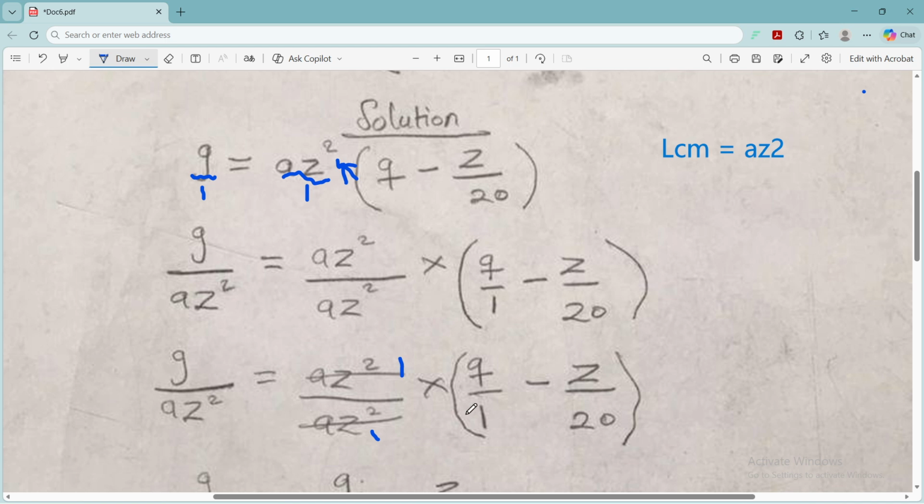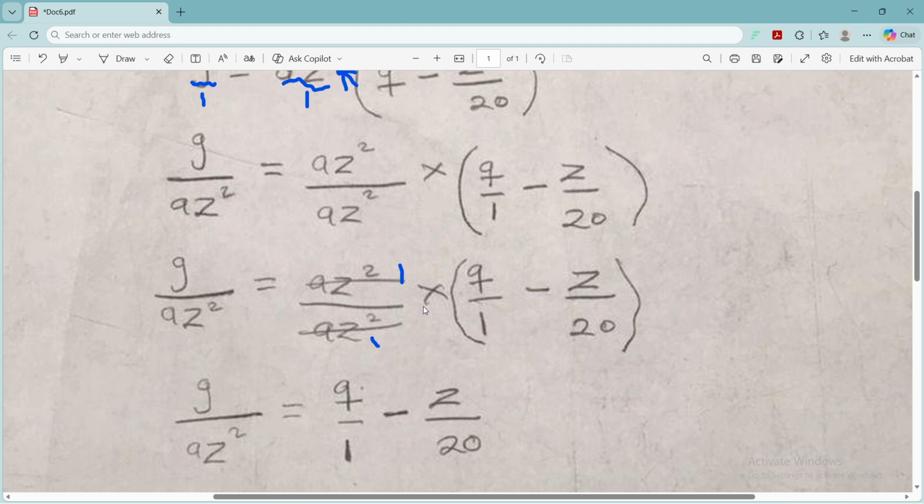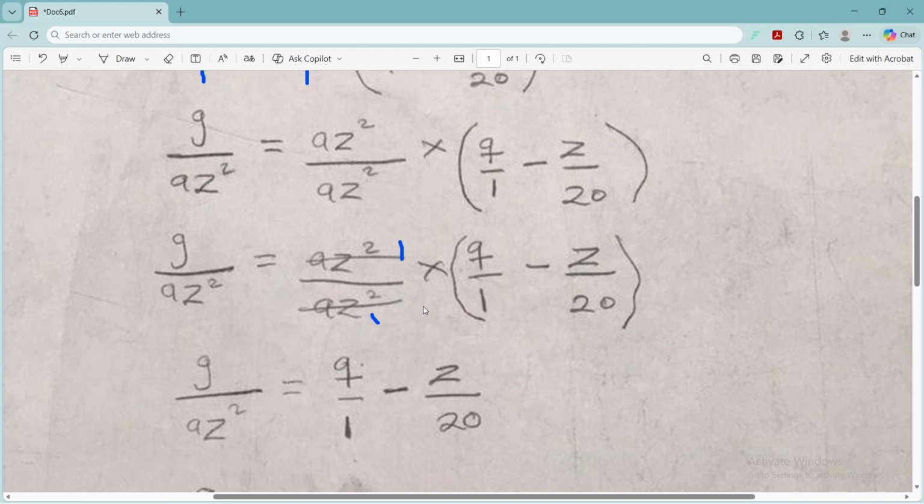Expanding further, our new equation is the fraction j divided by az square is equal to the fraction q divided by 1 minus z divided by 20.